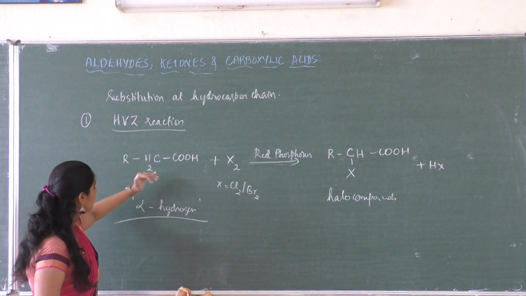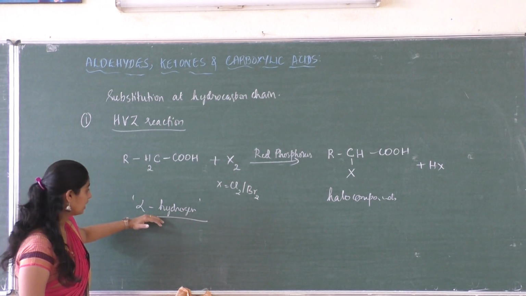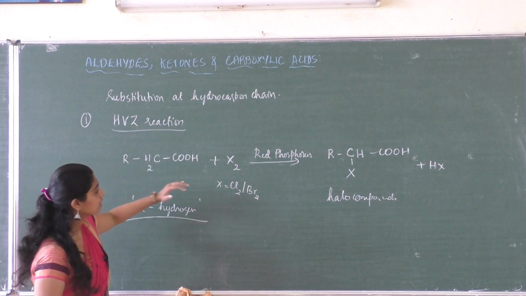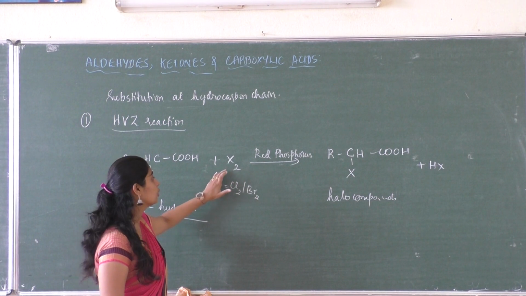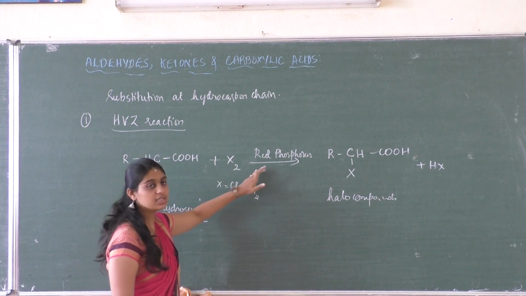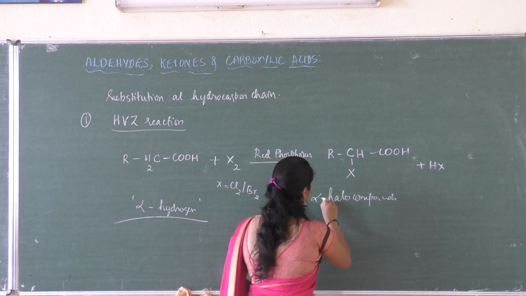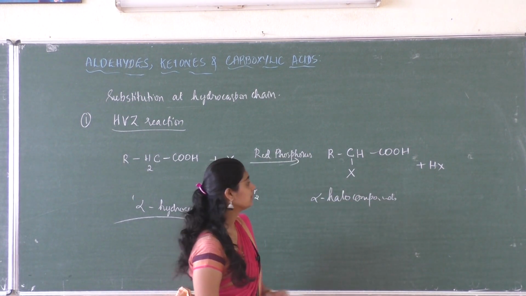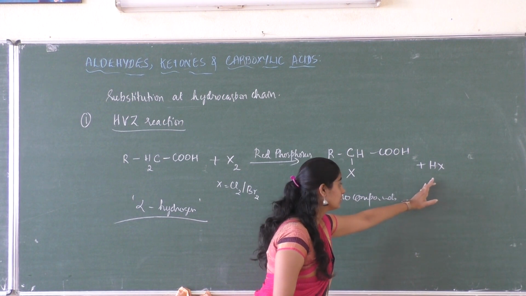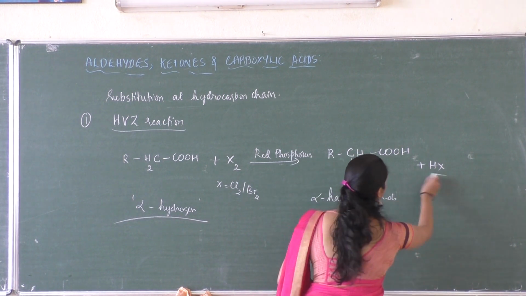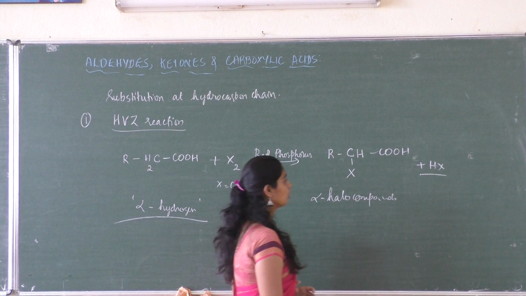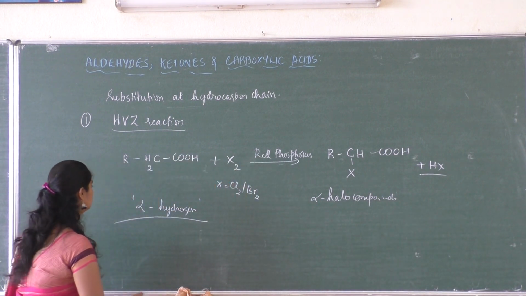Carboxylic acids which consist of alpha hydrogen atoms, when they are reacted with halogens like chlorine or bromine in the presence of red phosphorus, alpha halo compounds are formed with the elimination of hydrogen chloride or hydrogen bromide. So let us see the reaction.